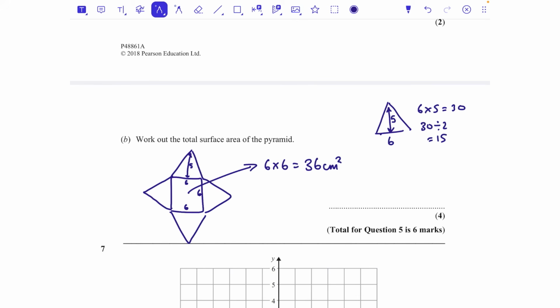And I've got 4 of those triangles, so 15 for this one, 15 for this one, 15 for this one, and 15 for this one. 15 times 4 is 60. So I've also got 60 centimetres squared for the triangles. Adding that together, our total surface area, the area of all the faces added together, is 96 centimetres squared, because we're working in centimetres. Note that there was no units there, so you're going to get a mark for putting the units in.